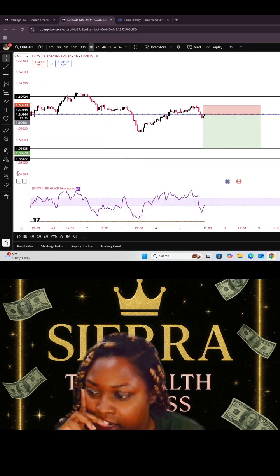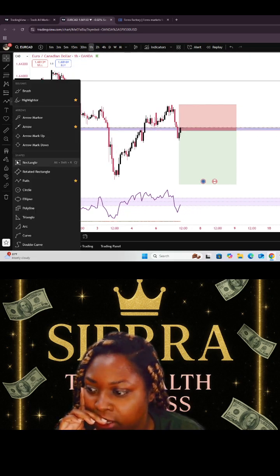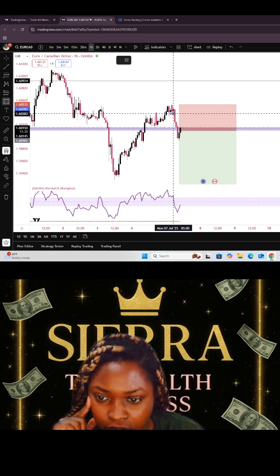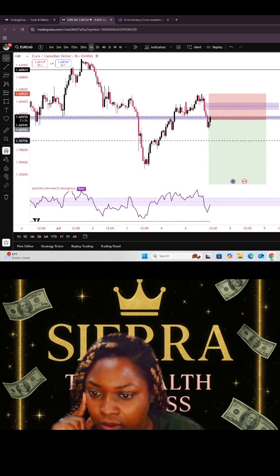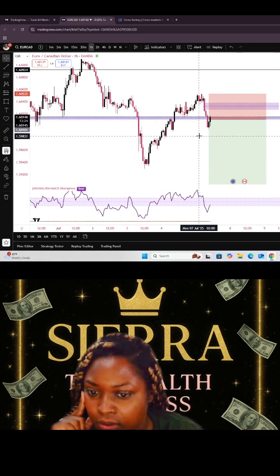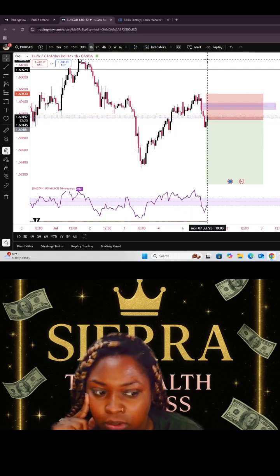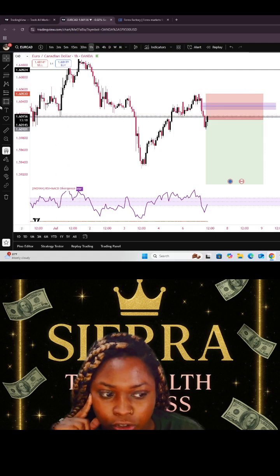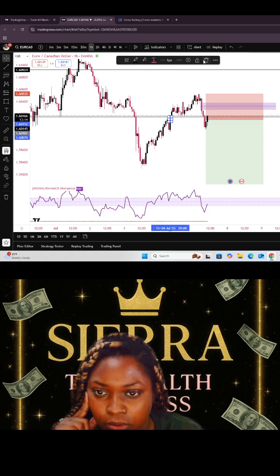I'm debating if I want to hold it. I do know if price comes up here, then I'll just re-enter another sell. I want to remark this zone. Should you enter? No. If you haven't entered, wait.